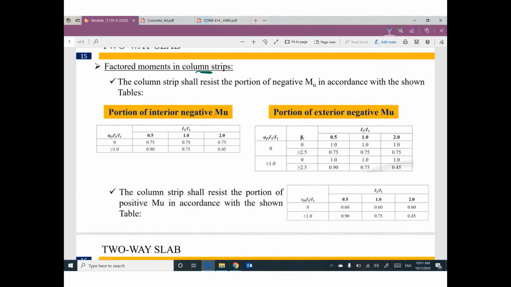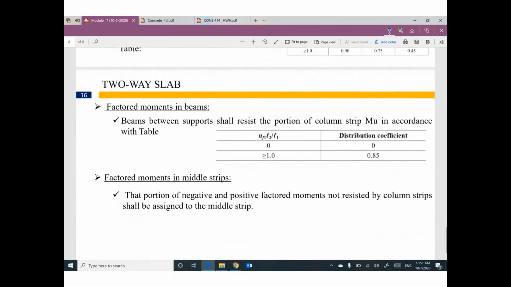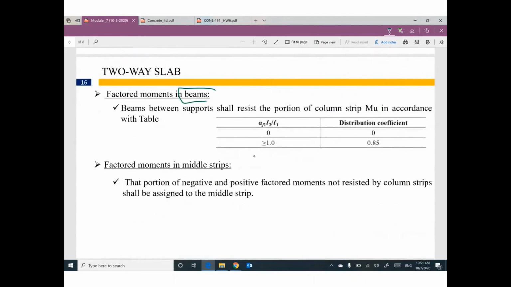The column strip will get its part based on this table for interior panels and this table for exterior panels. If you have beams, the beams will take 85 percent of the column strip moment.